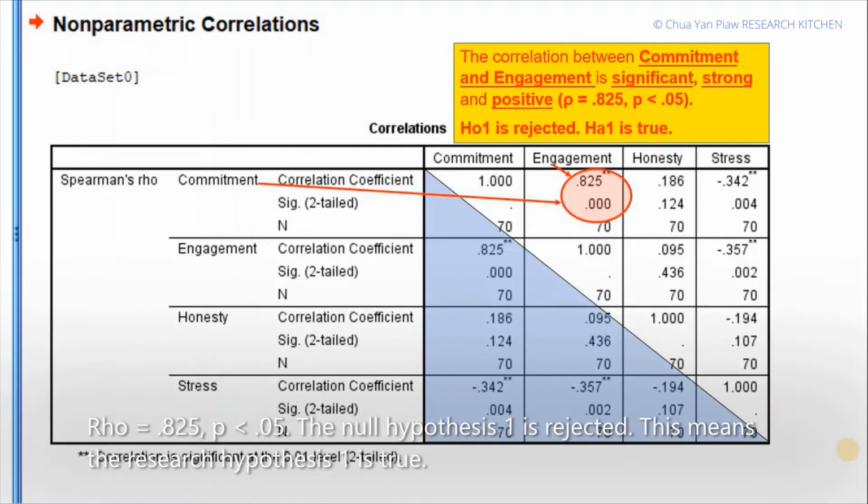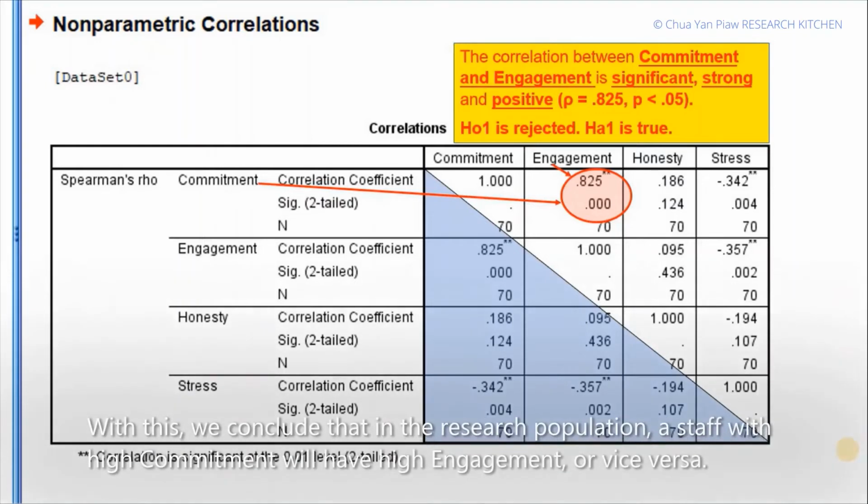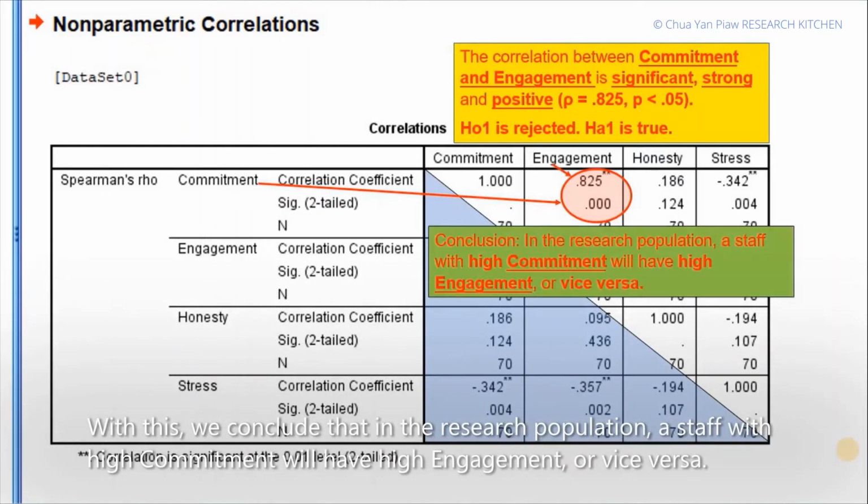Rho equals 0.825, p less than 0.05. The null hypothesis 1 is rejected. This means the research hypothesis 1 is true. With this, we conclude that in the research population, a staff with high commitment will have high engagement, or vice versa.